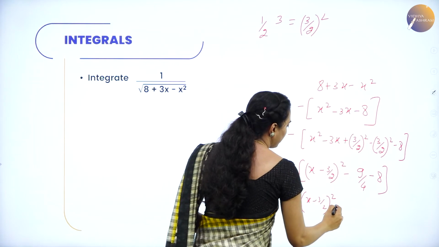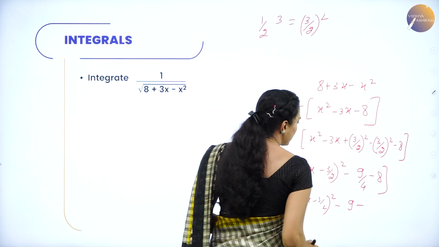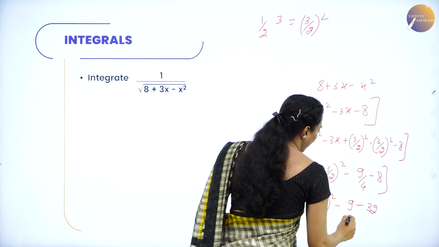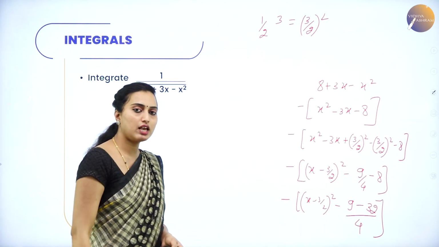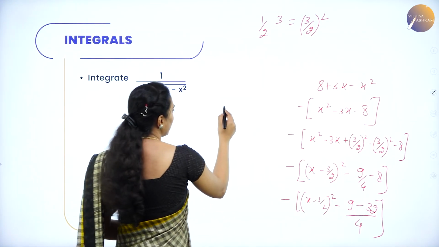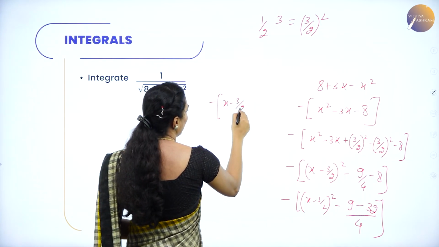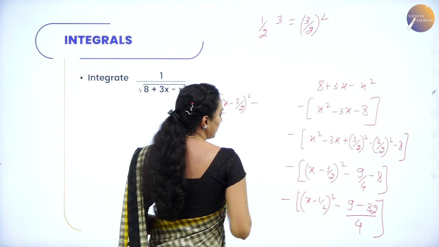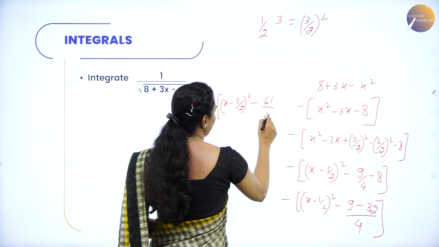Now this will become minus, see, 8 fours are 32, isn't it? Divided by 4. So therefore, minus 9 minus 32, which is nothing but minus of (x minus 3 by 2) whole squared minus, you are getting 32 plus 9 is nothing but 41 divided by 4.